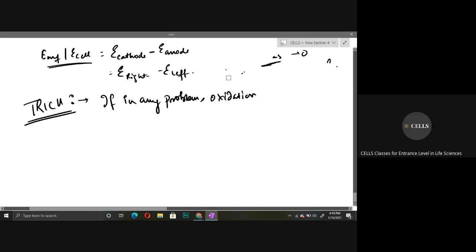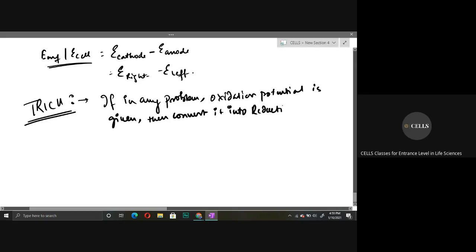Now my point is that if the oxidation potential is given in the problem, then convert it into the reduction potential. How will you convert it?